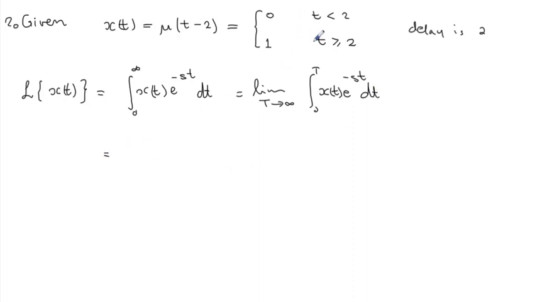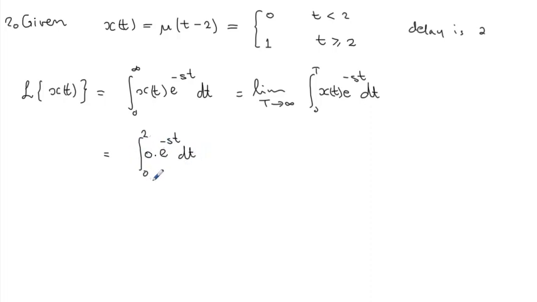Notice that this function is defined piecewise. The unit step function is defined like this. It simply says it's 0 before 2 and it's 1 from 2 onwards. Is that clear? Okay. So then what we have to do now is integrate from 0 to 2. What are we integrating there? We're integrating 0 times e to the power minus st dt.